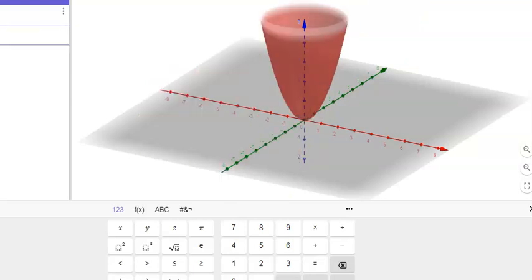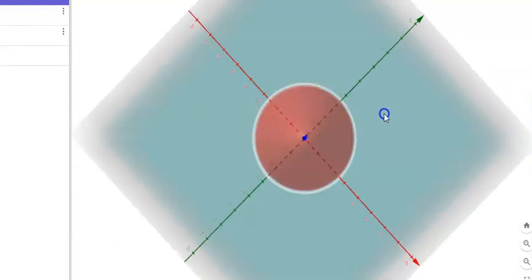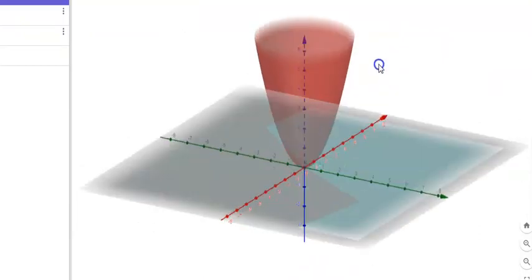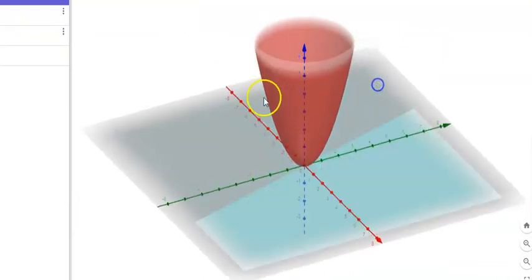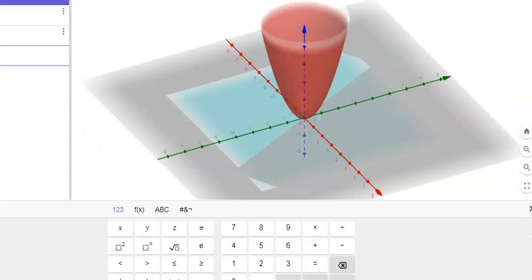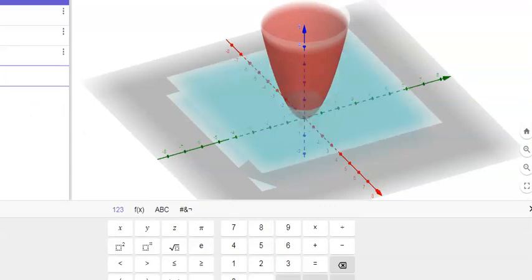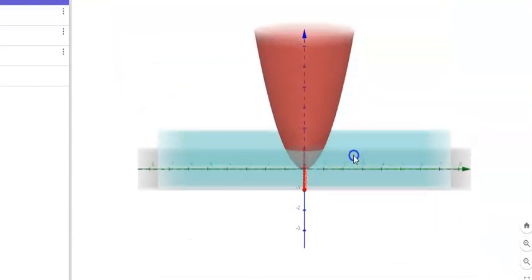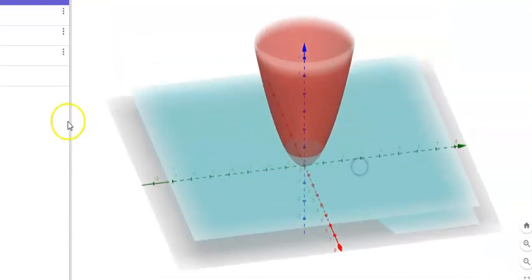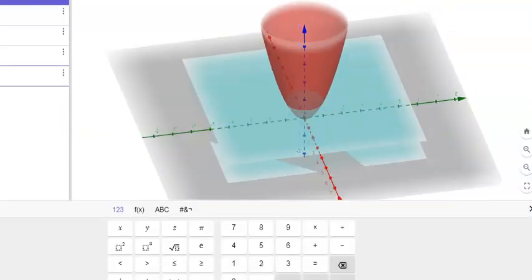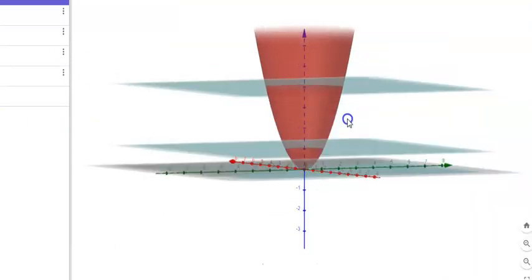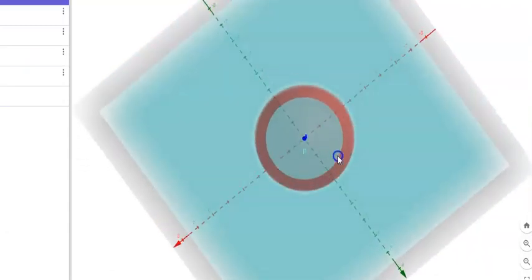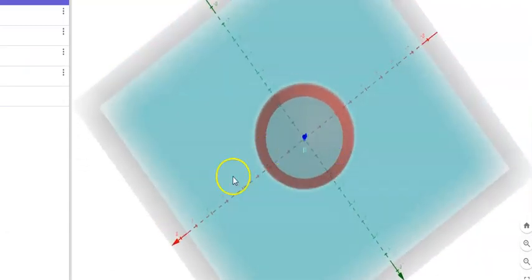Now, if I say z equals 0, do you see if I turn this, they only touch at one point right there? What if I say z equal 1? That's the value of k. Notice where those intersect. Do you see the circle? It's right there. What if I say z equal 4? Do you see that when I chop this up, look at it from the top, that's what I see? So that's really what it is.